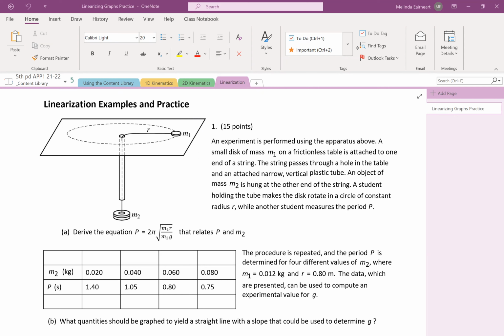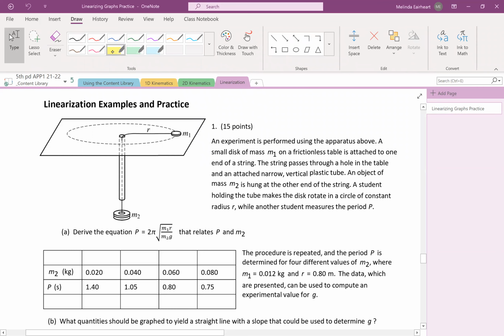It says an experiment is performed using the apparatus to the left. A small disk M1, which they have labeled, let me get my draw here, as the one that's moving in a circle, just to differentiate. It's on a frictionless table, one end of the string. The string passes through a hole in the table attached to a narrow vertical plastic tube. An object of M2 is hung at the other end.